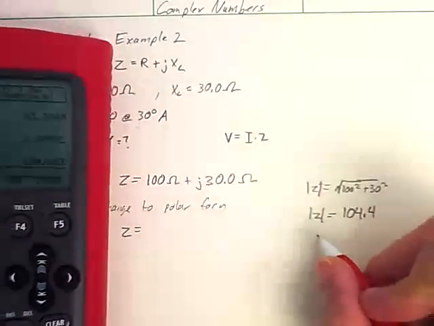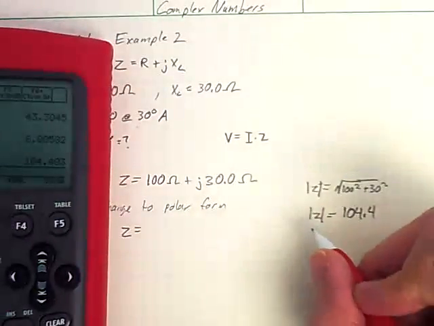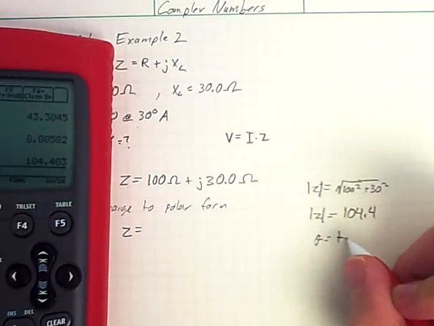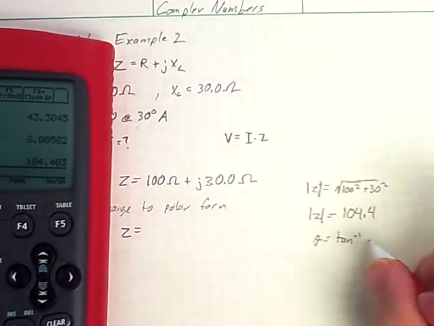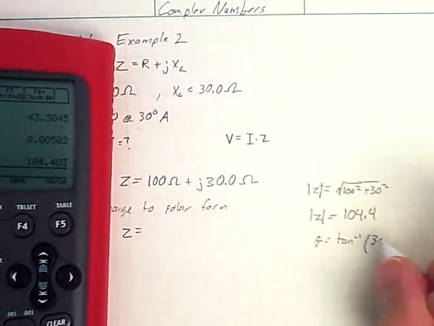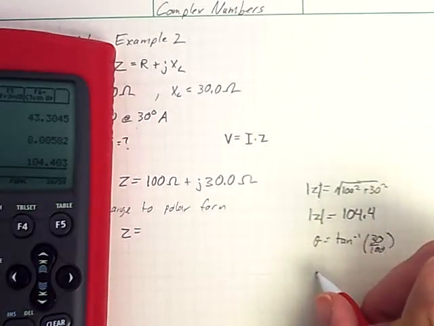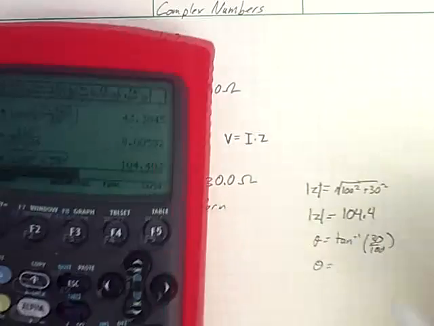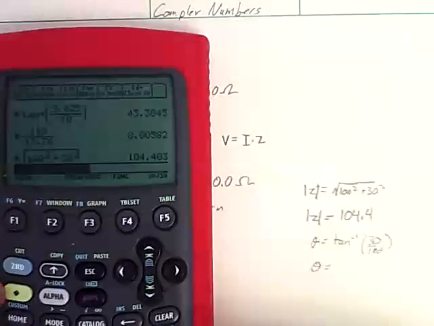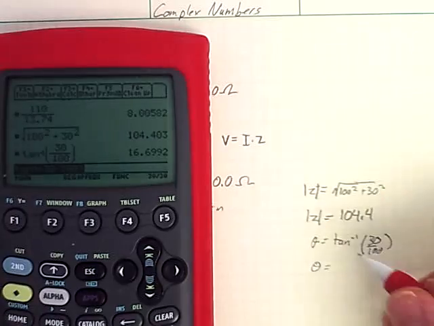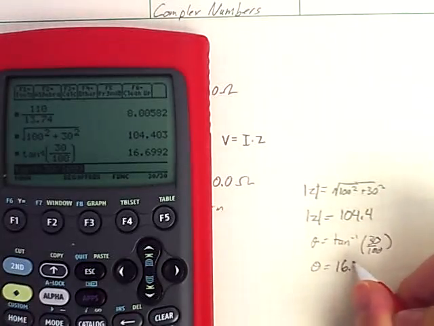The angle of Z is the tan inverse of the imaginary part over the real part. So the angle of Z is 16.7 degrees.